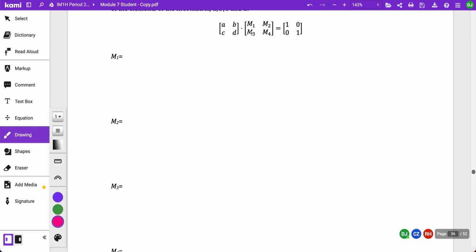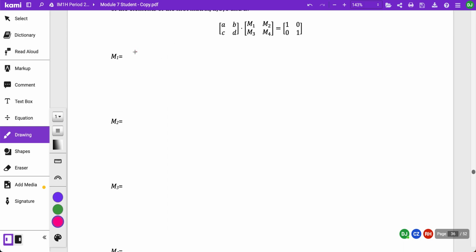But first row with first column, and so we're going to be deriving M1. What I mean by deriving is I want us to get M1 all by itself. So let's start with the same idea. Row 1, column 1.